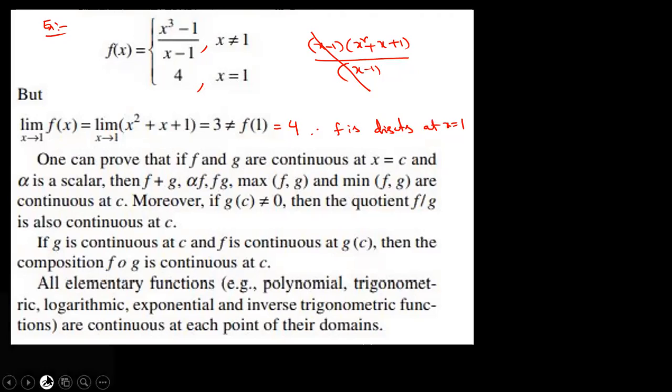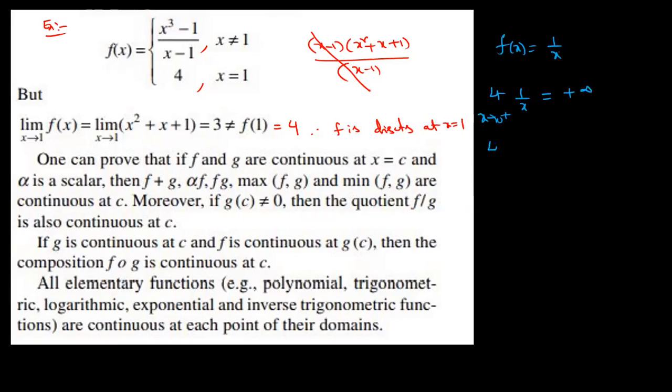See. Best example. See, 1 by x, dear students. Limit as x tends to 0 plus, 1 by x is how much? Plus infinity. Limit as x tends to 0 minus, minus infinity. Limit as x tends to 0, 1 by x does not exist.